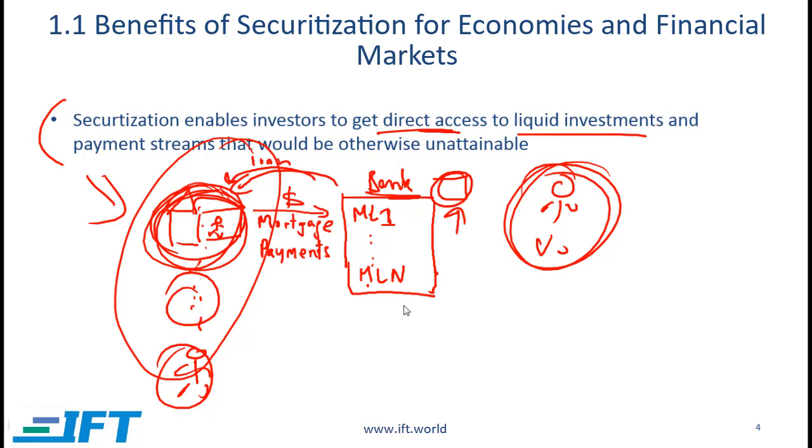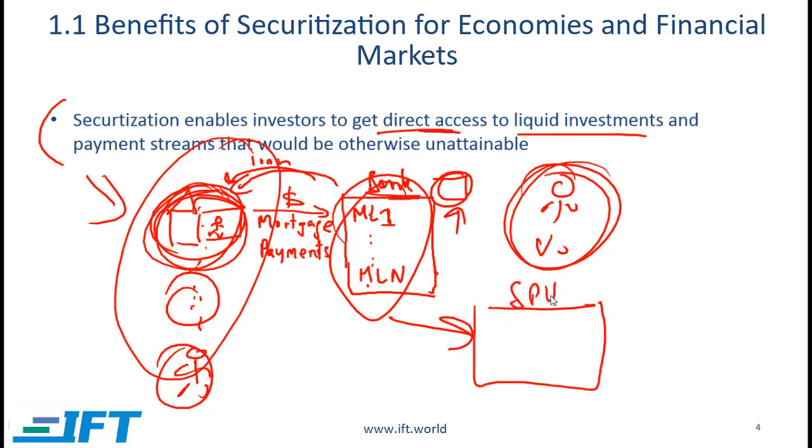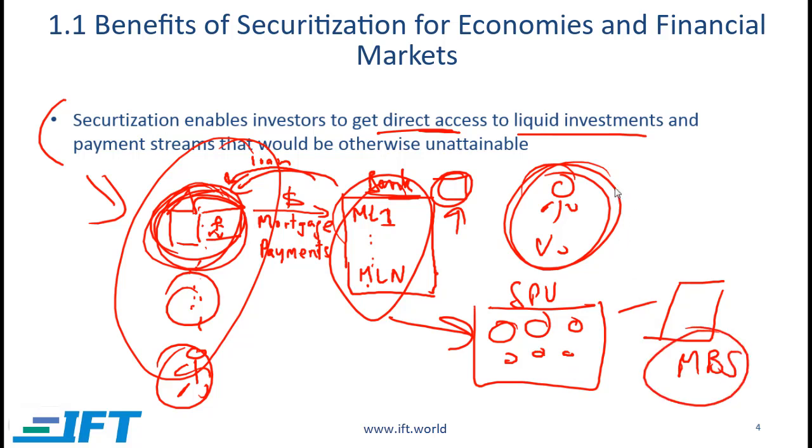As we discussed on the previous slide, if all these mortgage loans are pooled and packaged and sold to an SPV, and the SPV issues mortgage-backed securities with the loans as collateral, now through this mortgage-backed security, you as an investor have almost direct exposure to this particular investment. So that is what's meant over here.